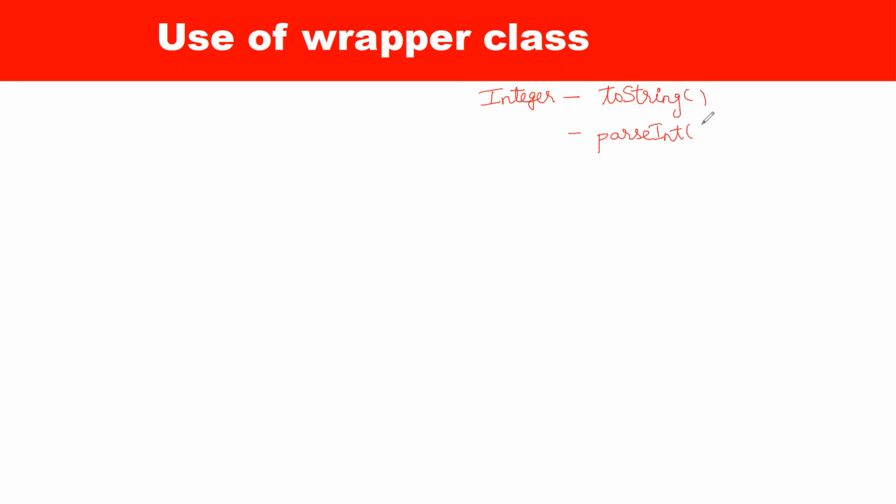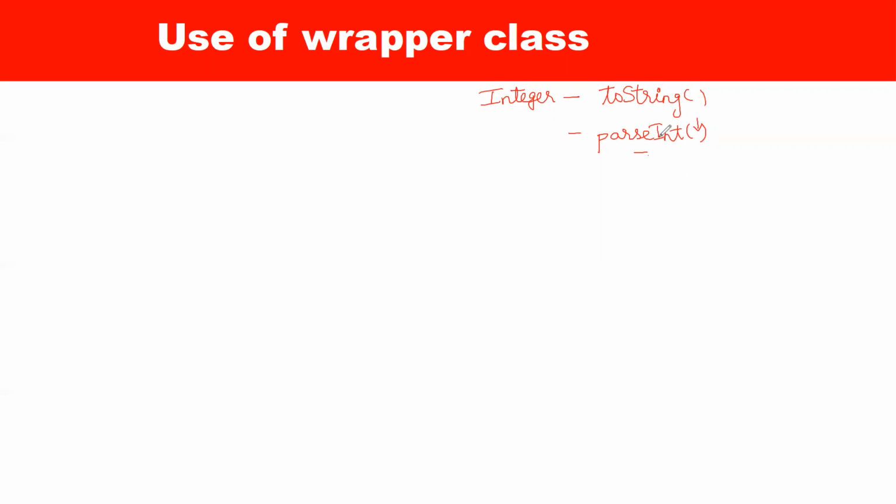Some of you must have used parseInt while accepting data through streams. Anyway, we'll revise this. So toString converts the accepted argument into string data type, and parseInt converts the accepted argument, which is a string, into an int.